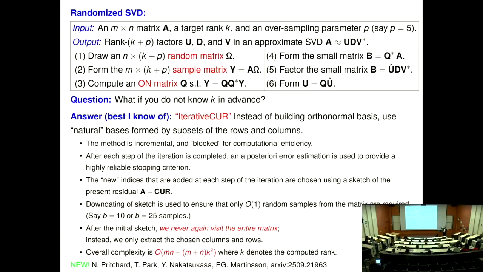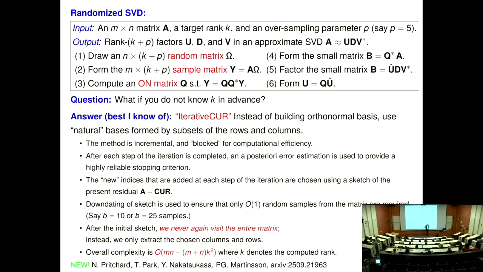Okay, so now you implicitly subtract that from A, and now you play the same game on the residual. And you can do this by downdating the sample matrix you constructed in the first case. So you never need to go back and revisit the matrix. So you compute another sample from the column space of the residual.